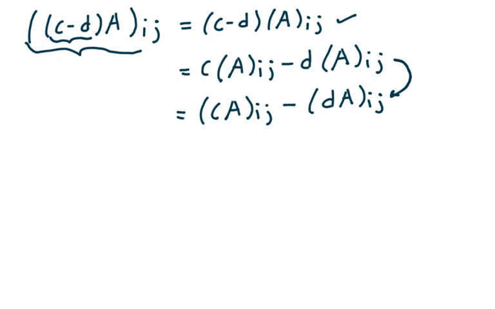The distributive property gets me from the first line to the second line, because C, D, and the entry in the ith row, jth column of A are all real numbers. Okay? But the way we define matrix subtraction, we can write this as the entry in the ith row, jth column of CA minus DA.